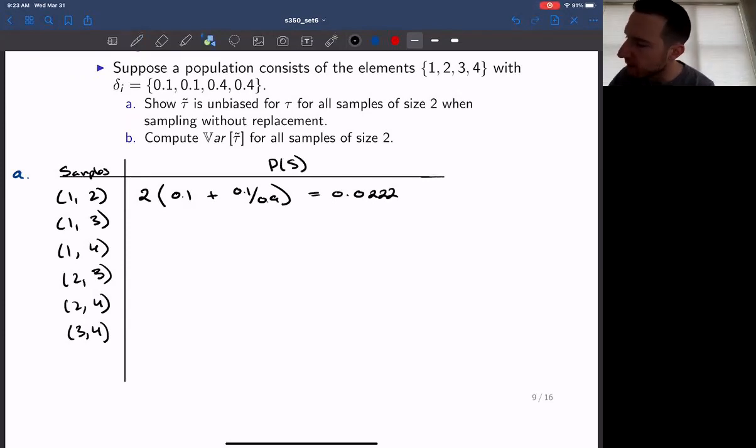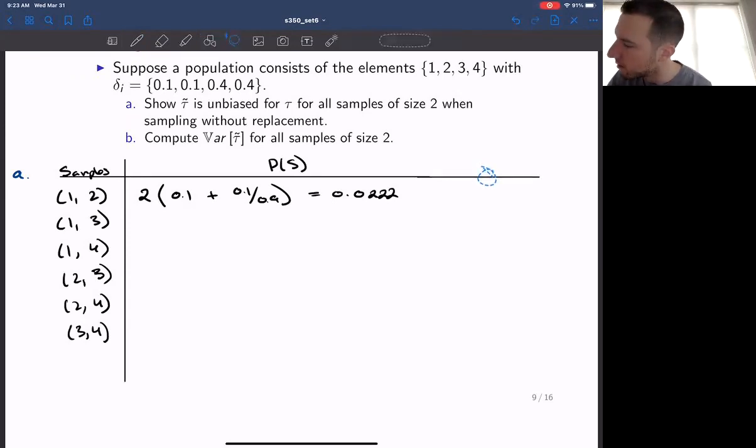Right, any questions about that? Okay, well, let's take a look at the second one. In the second case, we have to consider each scenario separately: the scenario where 1 enters first and then 3, and the scenario where 3 enters first and then 1.